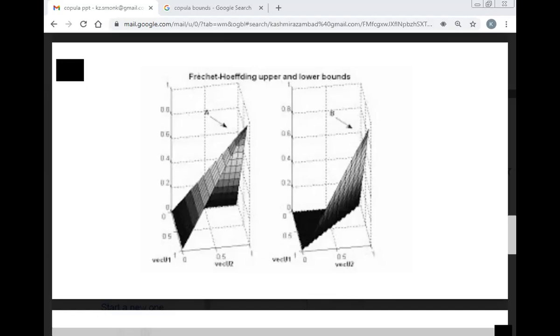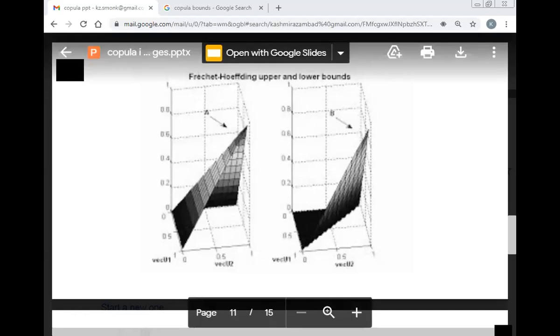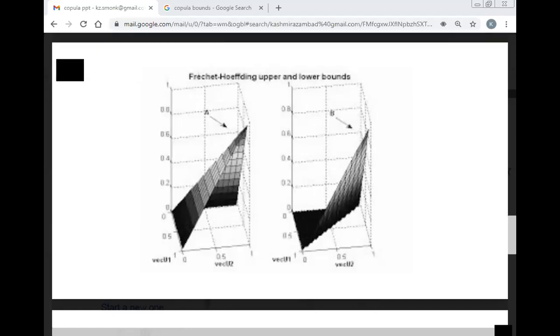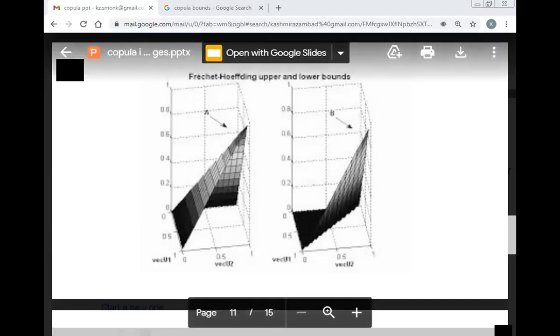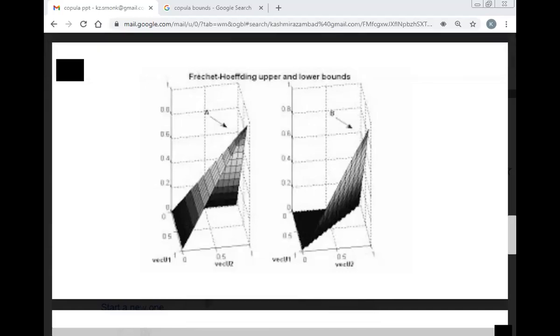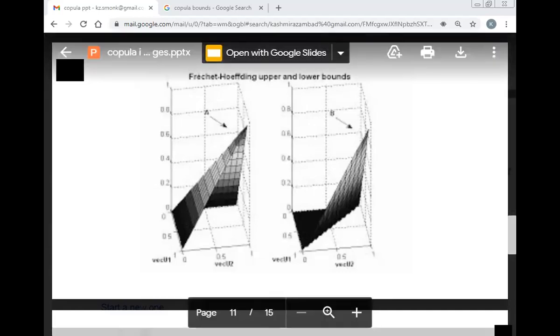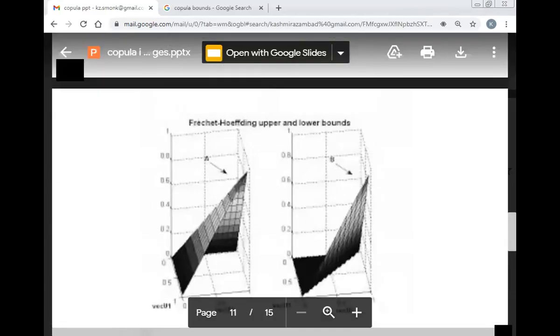So your copula should always lie within these bounds, being the upper and lower bound. So this would be your upper bound and this would be your lower bound, I guess. So yeah, something like that. And do I have something else? No, I guess. So yeah, this would be about the bounds of these graphs.